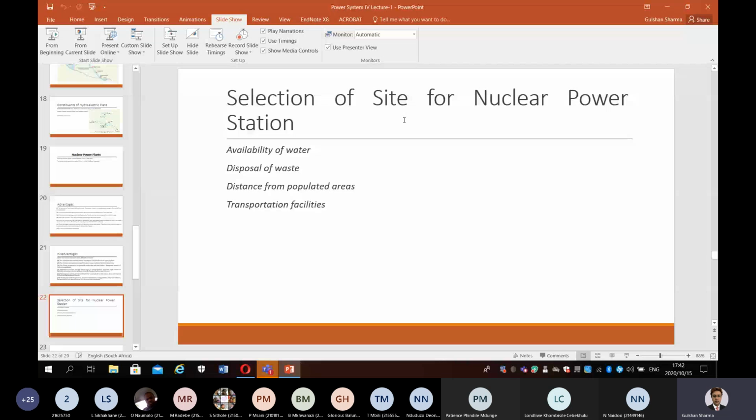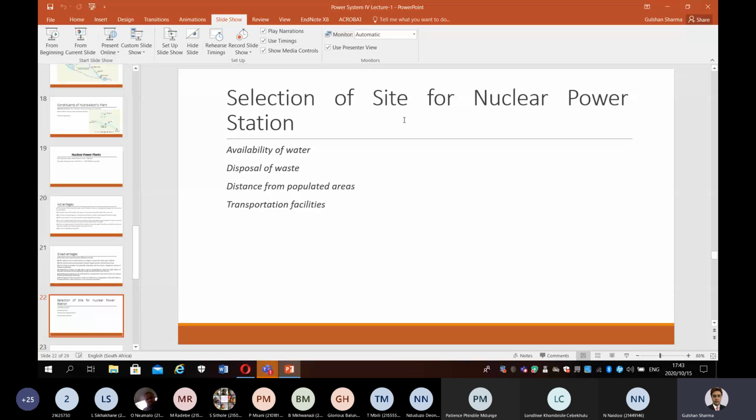That is why the waste should either be buried in a deep trench, or it should be disposed of in a sea quite away from the seashore. So this factor plays an important role in choosing a site for a nuclear power plant.